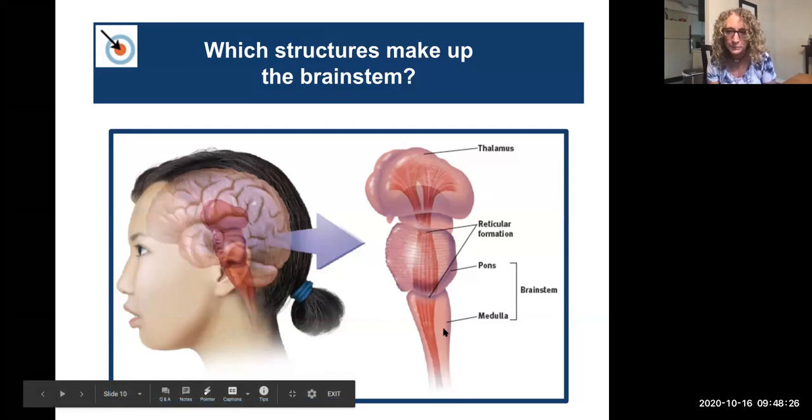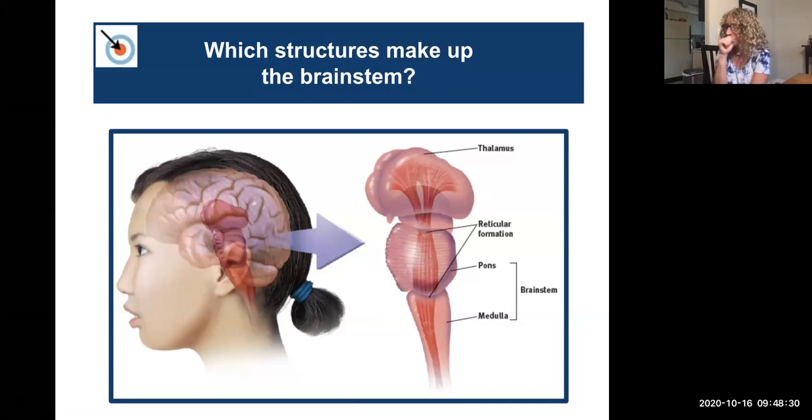The medulla has to do with breathing and heartbeat. Let me cough. One quick way that I try to remember the medulla having to do with breathing and heartbeat is I like to think of Medusa, that mythical character with the snake hair.